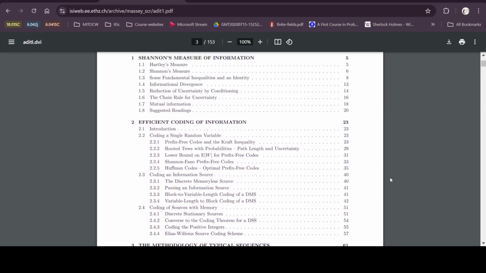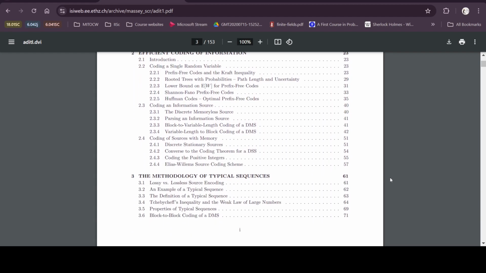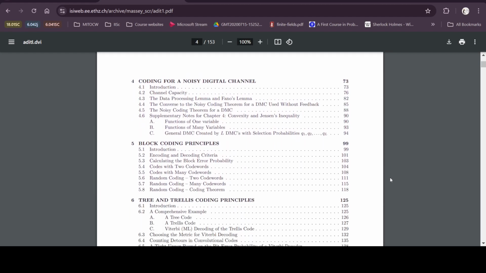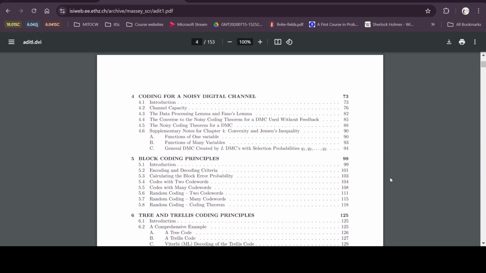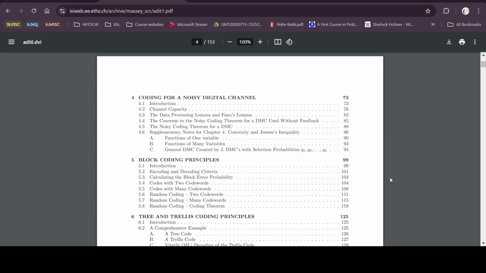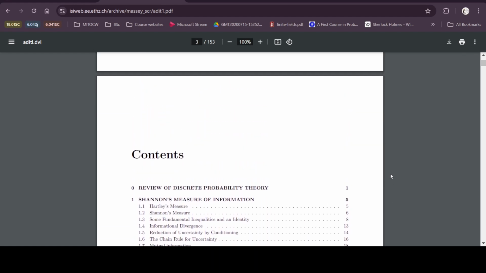The aim of this part one is the first 3 chapters, and part two is the remaining 2 chapters. The sixth chapter I want to, so I'll try to cover it.